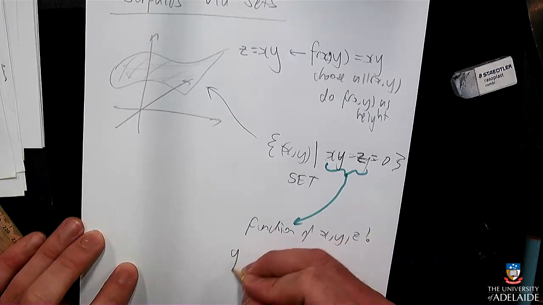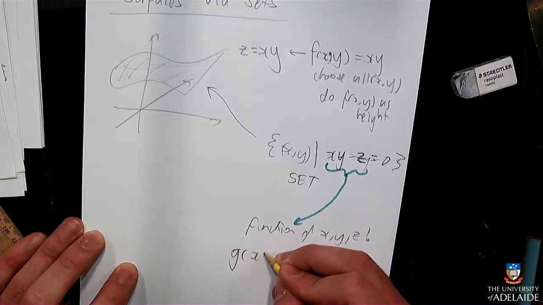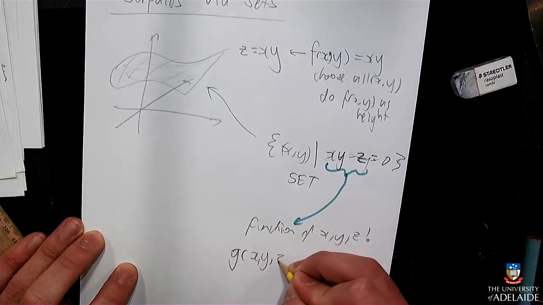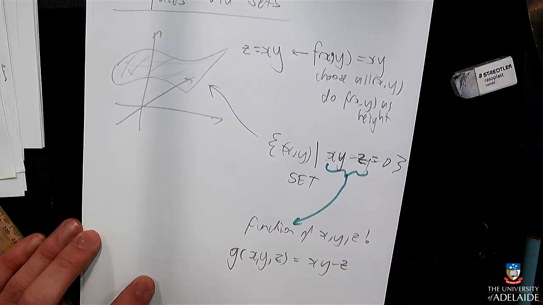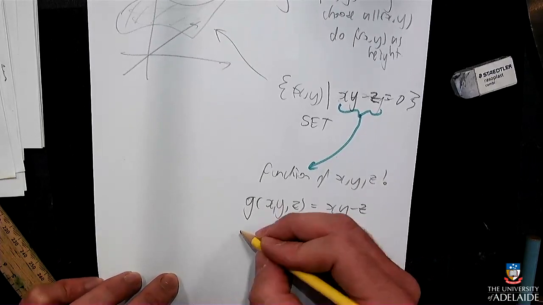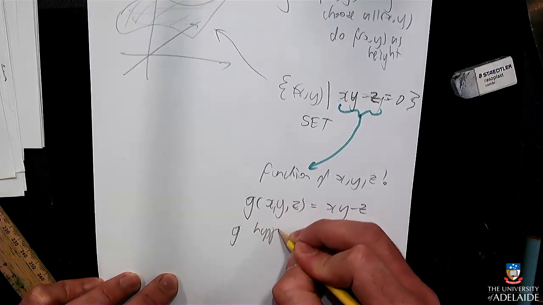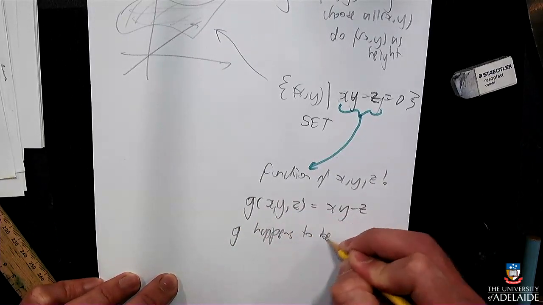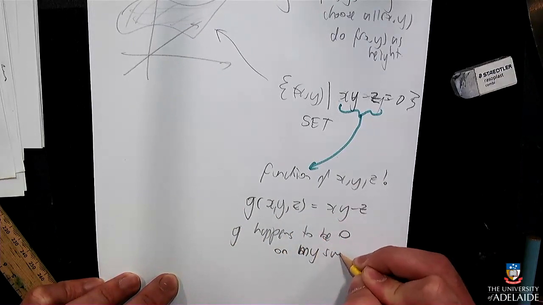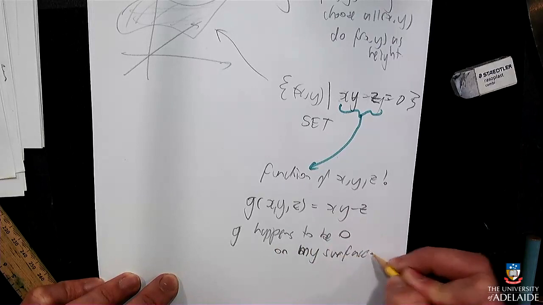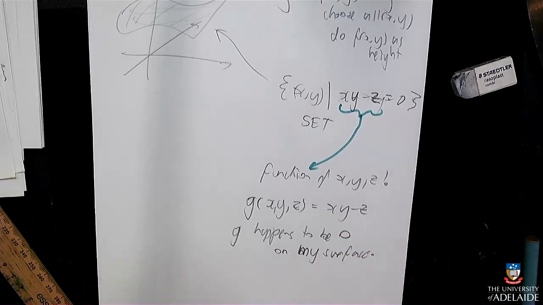So I could create a new function which I will call g of x, y and z, and I can go, well, g happens to be 0 on my surface. Okay, so how do I analyse 3D functions?